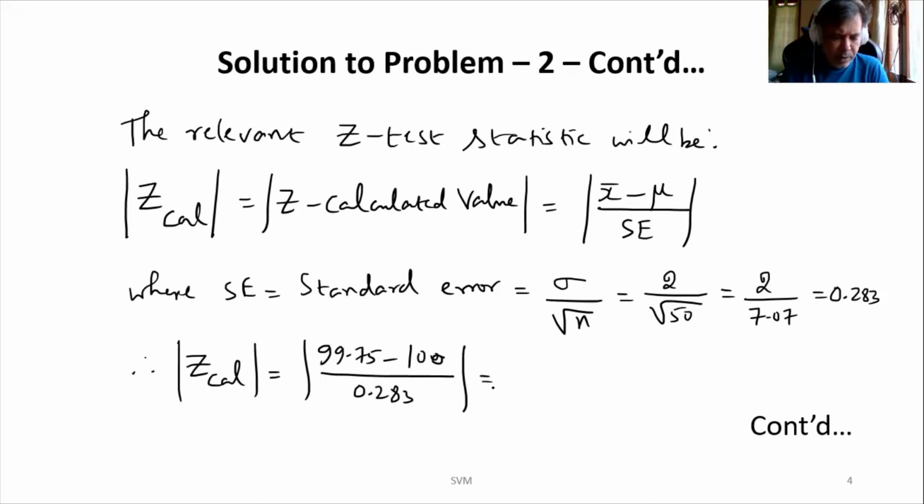Now let us calculate this. 99.75 minus 100 divided by 0.283. So that works out to 0.883.